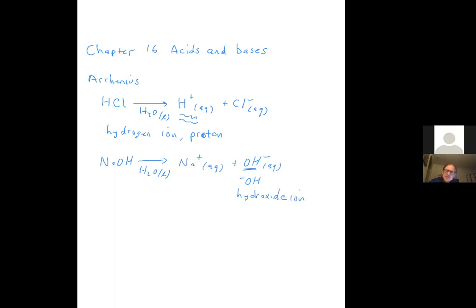Okay, and the reason that we have this concern about acids and bases is that there's a very important reaction, which is the hydrogen ion combines with the hydroxide ion to form water. And this is a very important biological reaction. Okay, so hydrogen ion, hydroxide ion forms water. That's the Arrhenius theory, ionic theory.